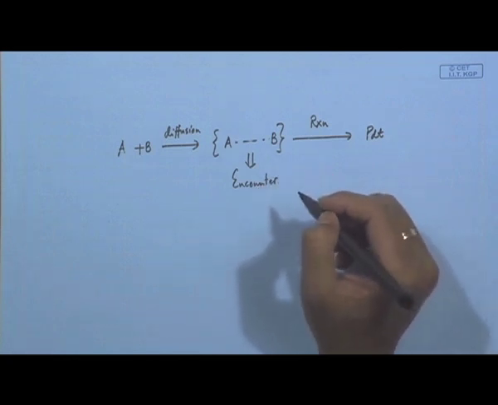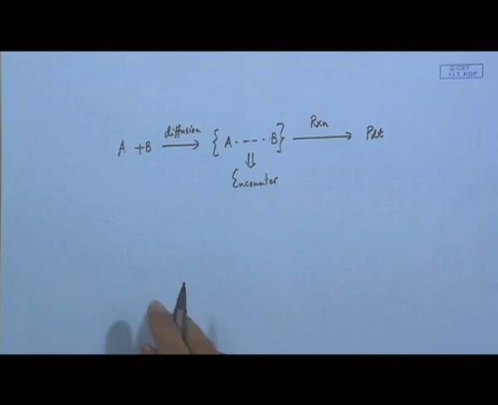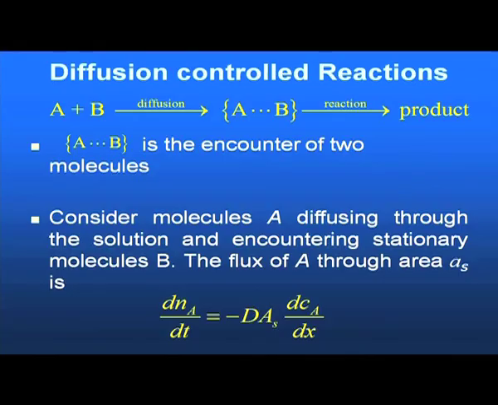So what is happening actually? Consider molecules A diffusing through the solution, and it is encountering, say, a stationary B molecule. So it is like your collision between two gas molecules.